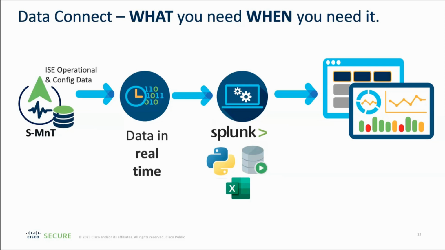We are basically splitting the load, and we are having the primary MnT working with the logs, while we are leveraging the secondary MnT resources to get this data. So that's the reason behind this design decision. And every single time that we want to work with DataConnect, we need to keep this in mind.